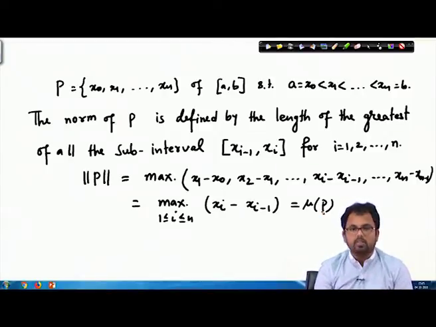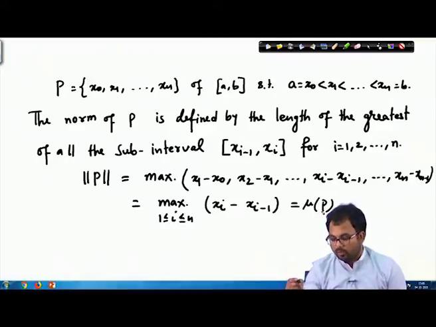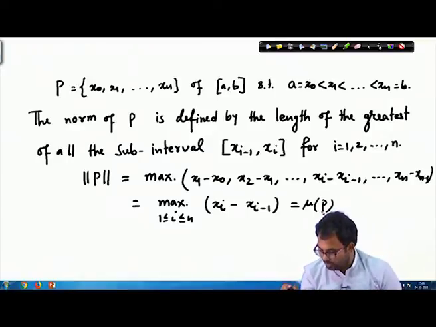Now that the definition of the norm of a partition is clear, we will look into one or two integrability conditions, or to be very precise, Riemann integrability conditions. So let me start a new page.